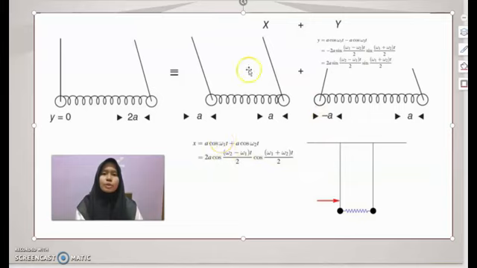So this figure shows a system of the coupled oscillations, and as you can see, it is a combination of the in-phase mode and the out-of-phase mode. So in this system, the initial displacement is x equal to 2a, y equal to 0, at t equal to 0.